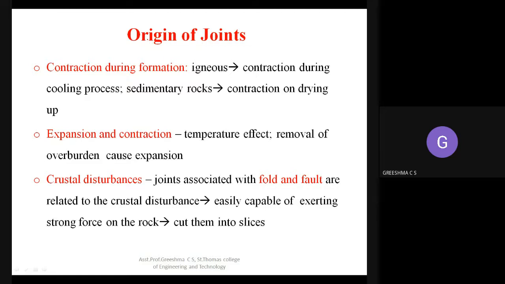During this drying process, a contraction occurs inside the rocks. Due to this contraction, again joints are formed. So those are joints formed during contraction.